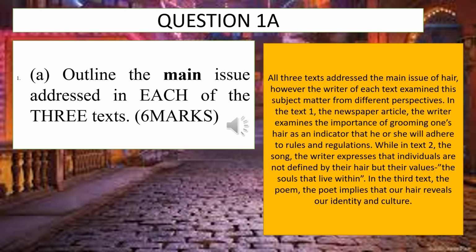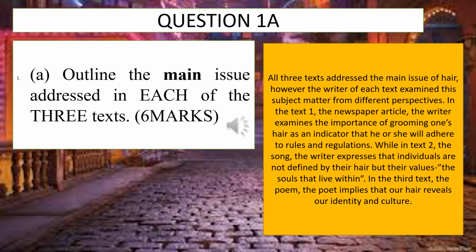Now that you have read all three texts, it is important that you examine the questions, noting the key terms in the questions so as to avoid misinterpretation. Question 1A reads, outline the main issue addressed in each of the three texts.